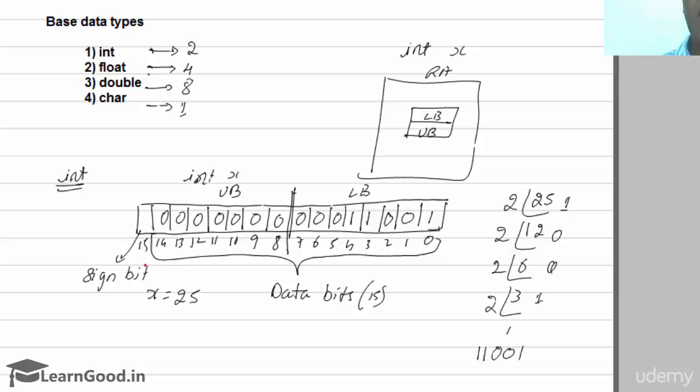The sign bit indicates whether this 15-bit location has a positive value or a negative value. This 25 is a positive value. If you have a positive value, a 0 is stored in the sign bit, whereas if it is negative, then 1 will be stored in the sign bit. Because this 25 is positive, at present you'll have the value 0. So this is how the data has been stored.